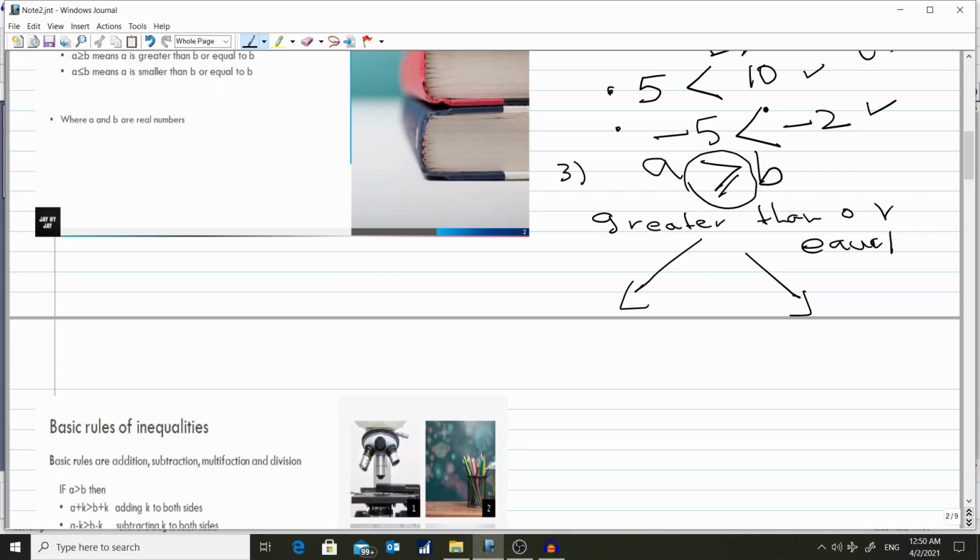We can write it down like this: a ≥ b means a can be equal to b, so that is one condition, or the other condition is a greater than b. This one or this one. Okay, it is just like that.